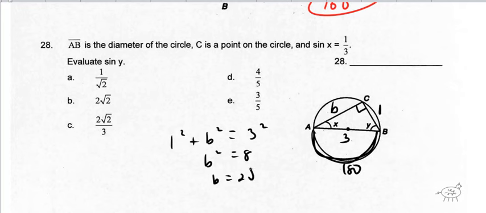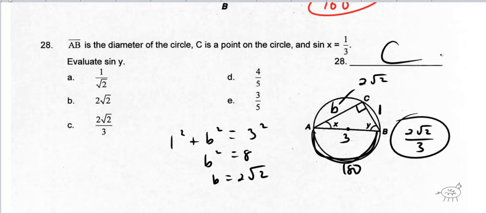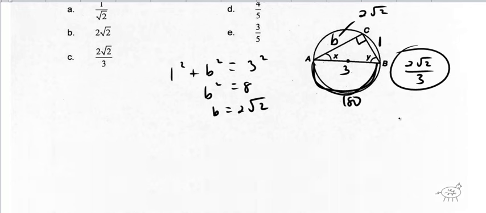So b is equal to 2 root 2. Okay? And then they say evaluate sine of y. That's really easy. So sine of y is opposite, so it's 2 root 2 over hypotenuse. So 2 root 2 over 3, which is C. Okay, that's it with geometry.